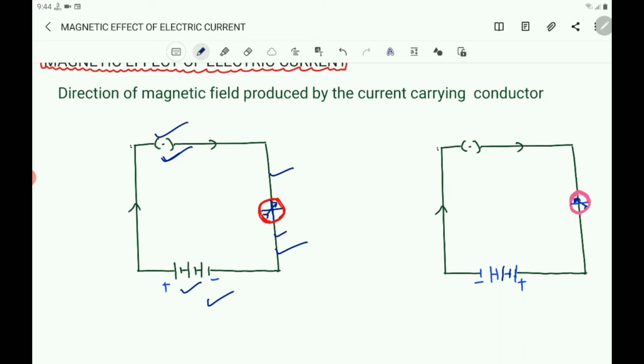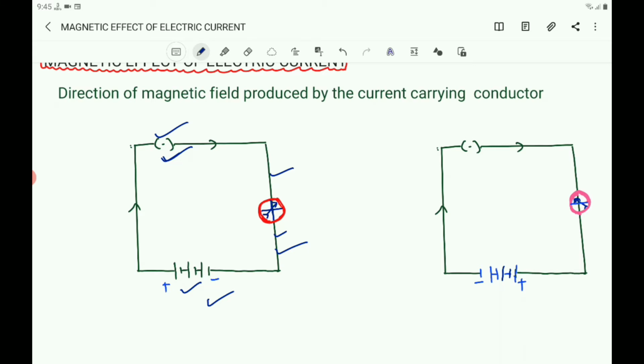And plug the key, and you know that the circuit completes and the current flows through the wire. And observe the compass needle. Also observe the direction of the deflection of the north pole of the needle.